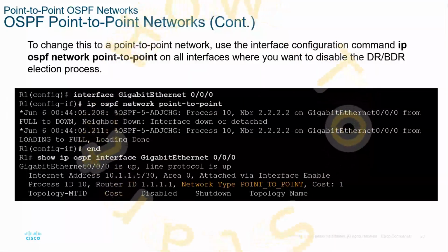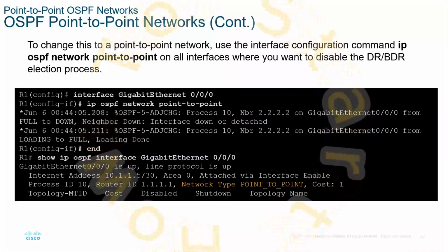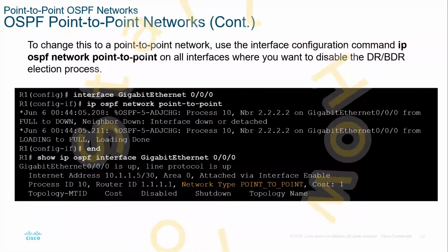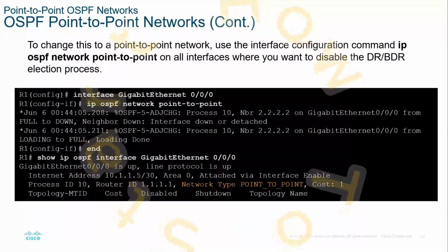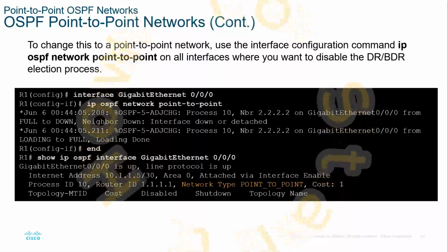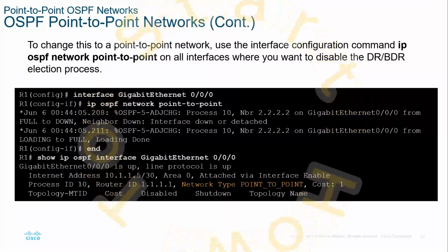So again, interface gigabit 0/0/0, ip ospf network point-to-point, disables the DR/BDR election process. Thus, you don't have to worry about it consuming resources. It consumes resources because this is done via a broadcast.